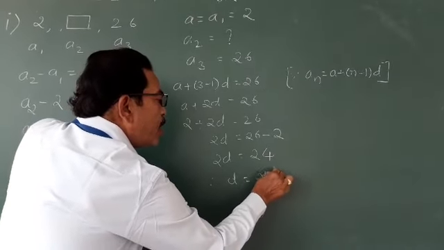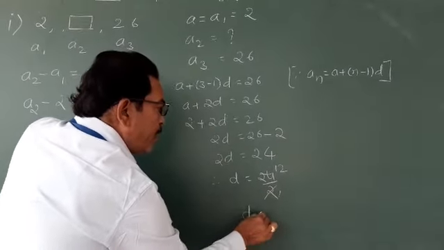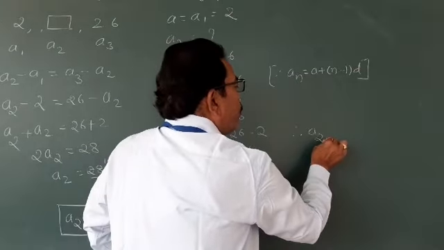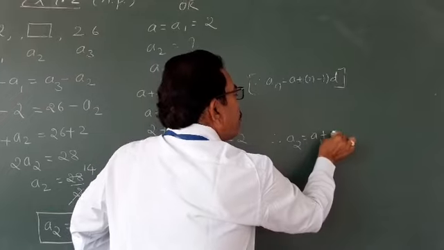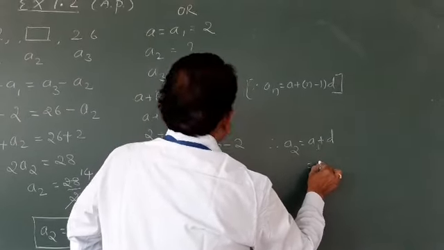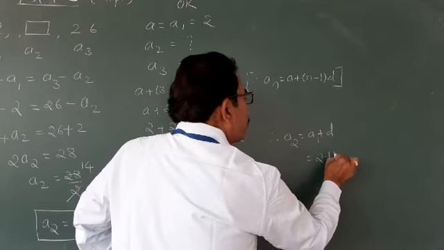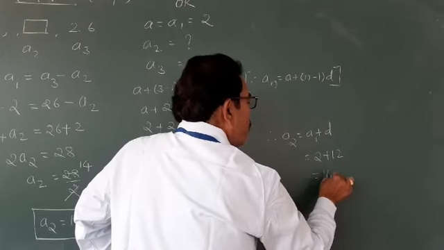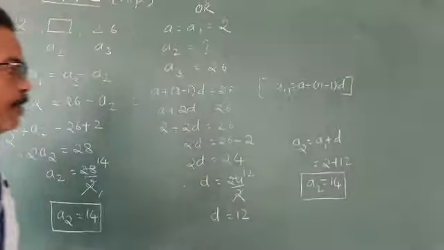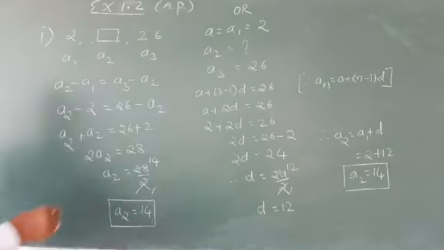Two 12s are 24. d equals 12. Therefore A2 equals A1 plus d, where A1 is 2 and d is 12, that is equal to 14. A2 is 14.